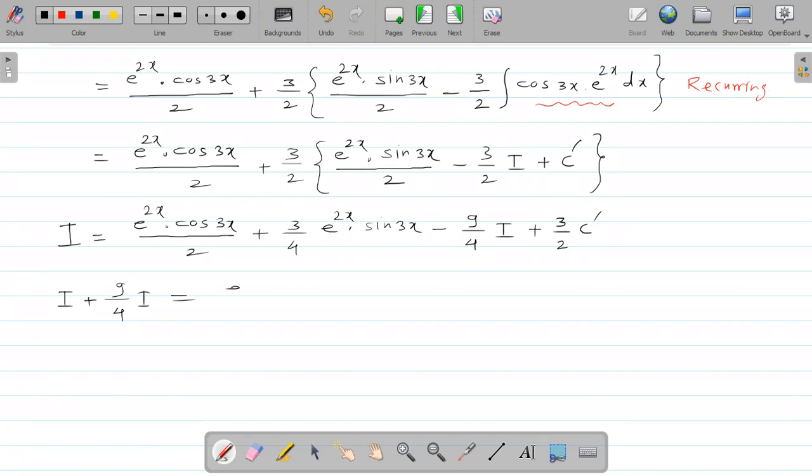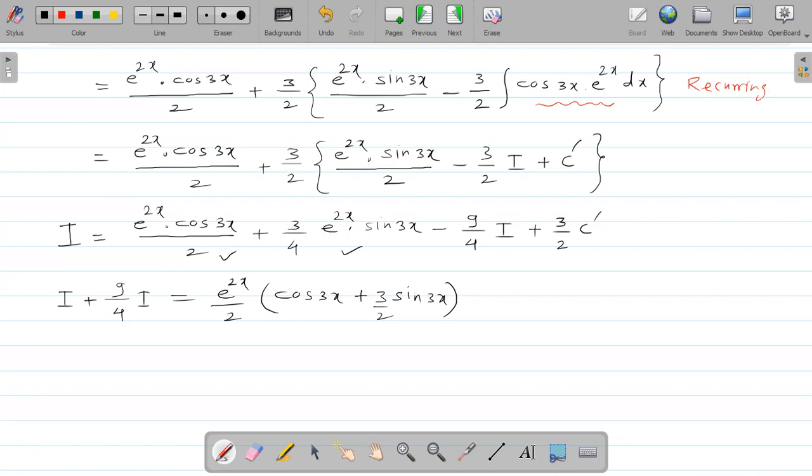you will get, in this part, e raised to 2x upon 2 common, and in the bracket you can write cos 3x plus 3 by 2 times sin 3x. See, check this, from this and this you will get e raised to 2x upon 2 common, and you can write the term like this.